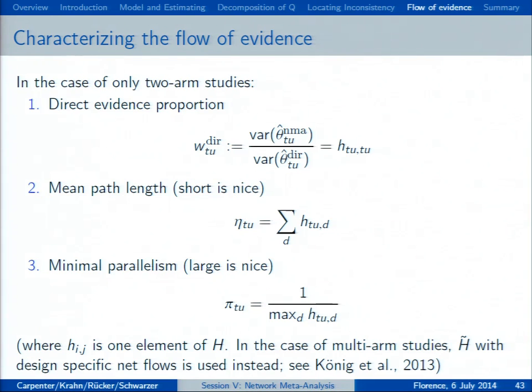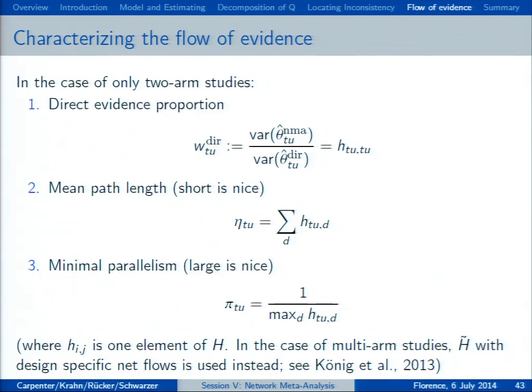So in network meta-analysis we can calculate a measure for the direct evidence proportion. It is also interesting what the mean path length is for network estimates. Short mean path lengths are nice, since there is not so much uncertainty for this network estimate.